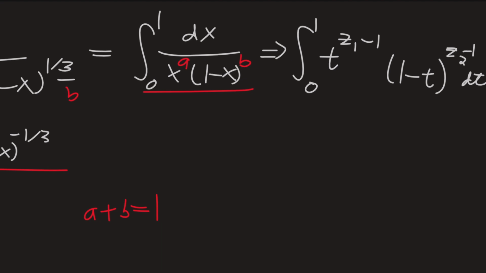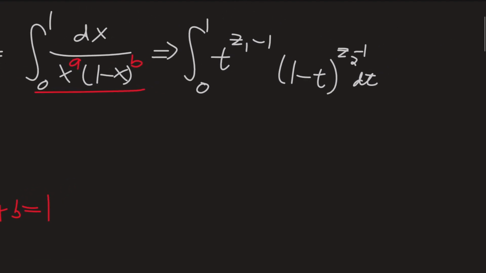What we can do is say that z1 minus 1 is equal to a, and z2 minus 1 is equal to b. Oh, sorry, negative b and negative a. Do pardon me. But what this means is that we can just sub everything in terms of this.